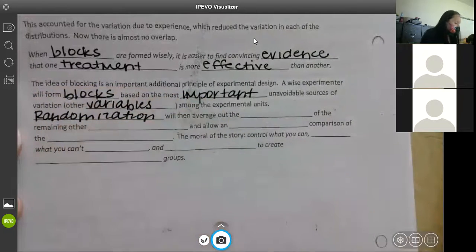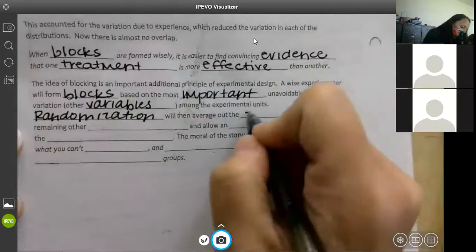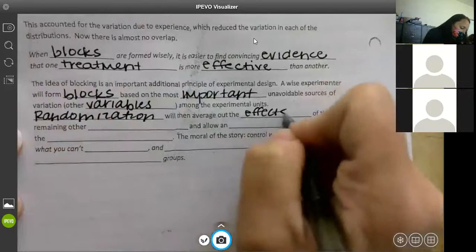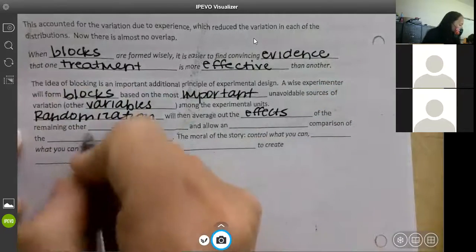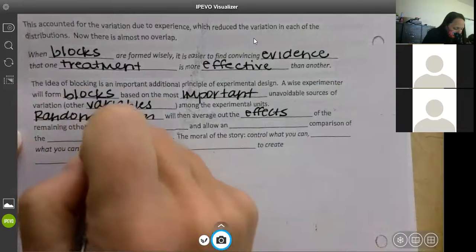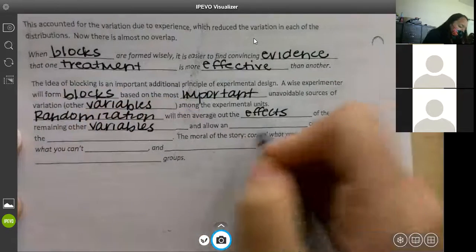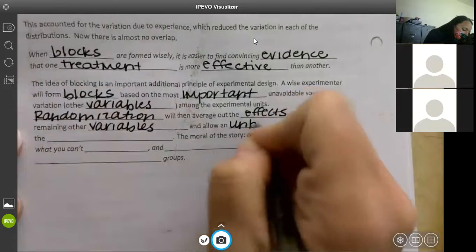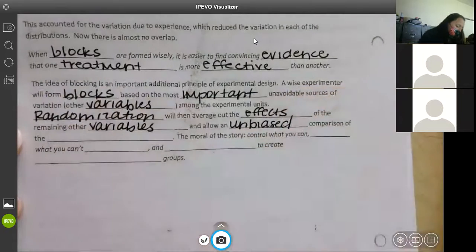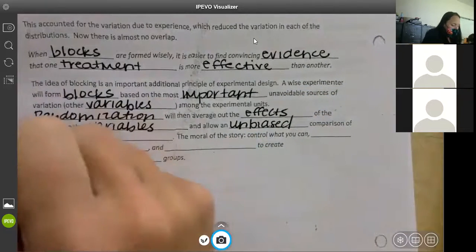Randomization will then average out the effects of the remaining other variables and allow an unbiased comparison of the treatment.